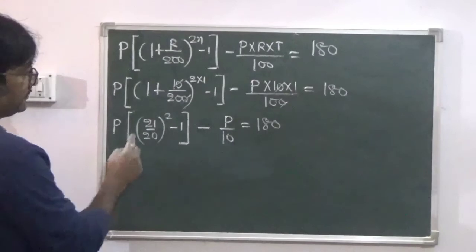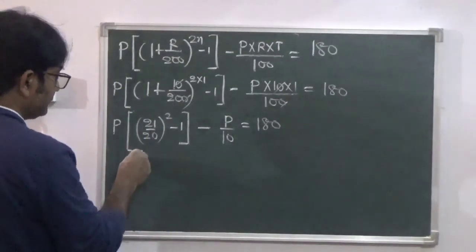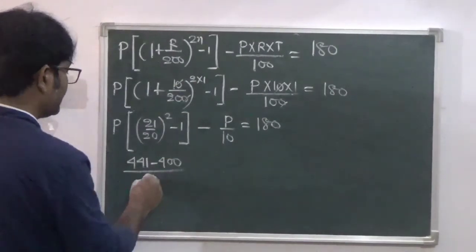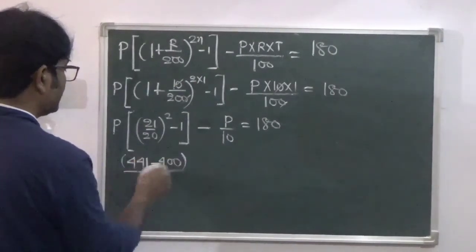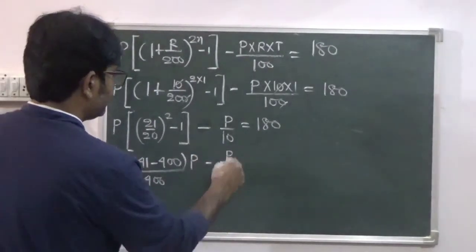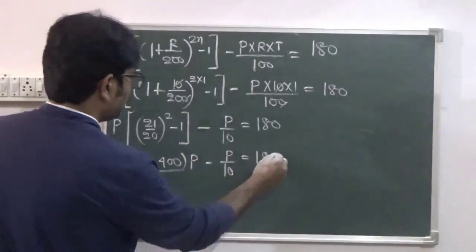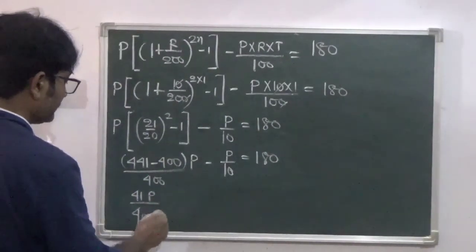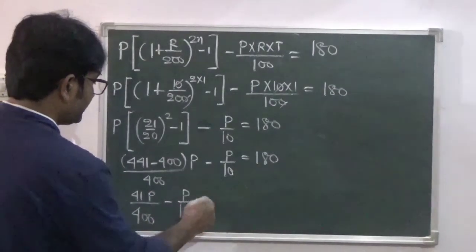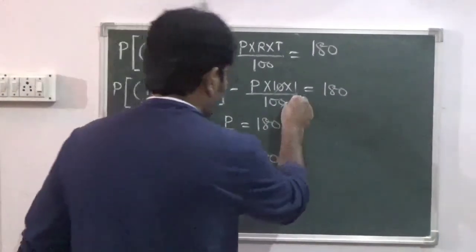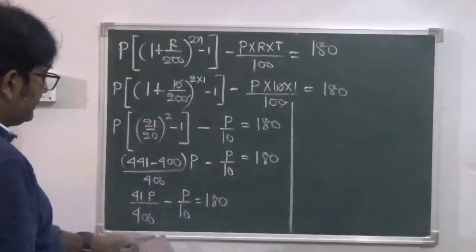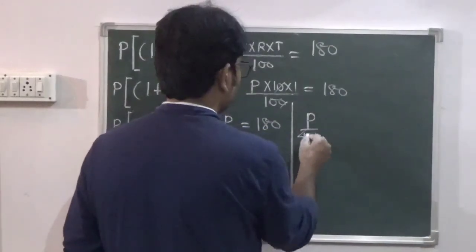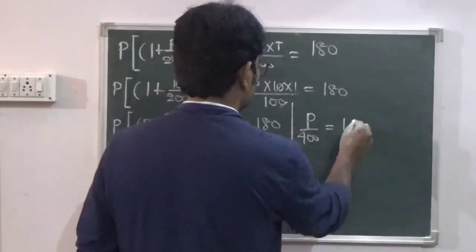So here it is 441 minus 400 divided by 400 into P, minus P by 10 equals 180. So it is 41P by 400 minus P by 10 equals 180. So it is 41P minus 40P, so P by 400 equals 180.